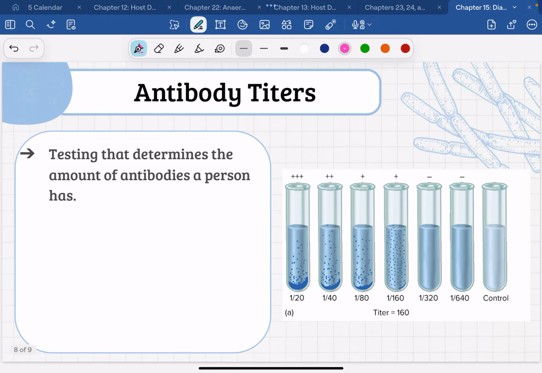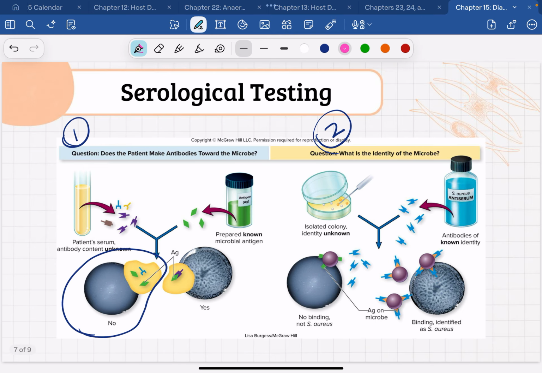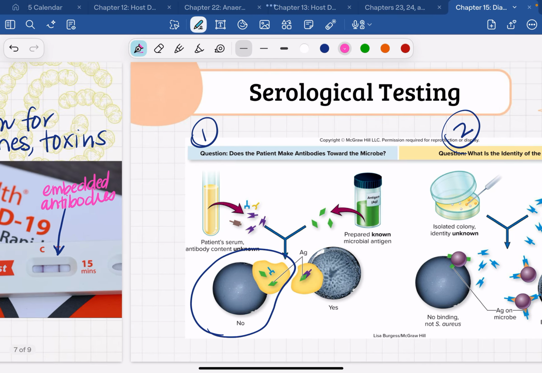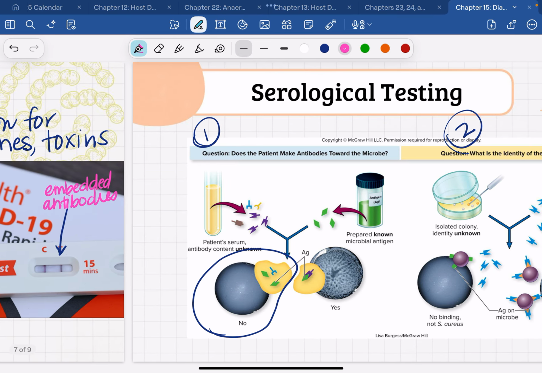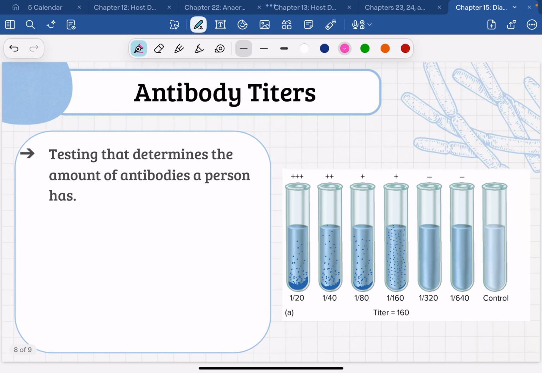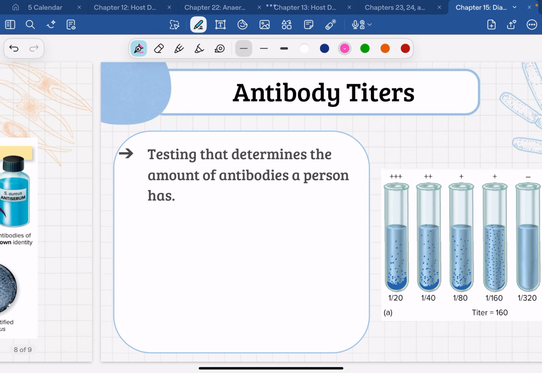All right. Another way of applying the same idea, and this is just taking what we were doing over here, specifically question 1, does this patient make antibodies? You can do something called an antibody titer. What an antibody titer is, it just determines the amount of antibodies a person has.